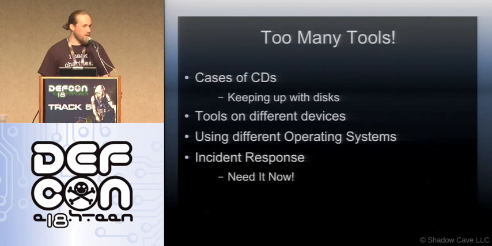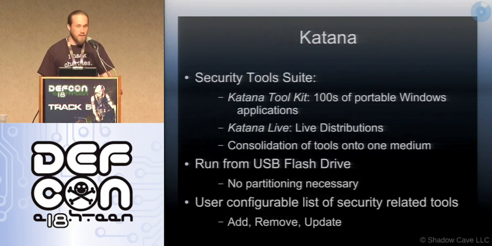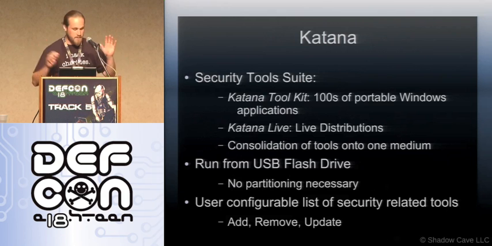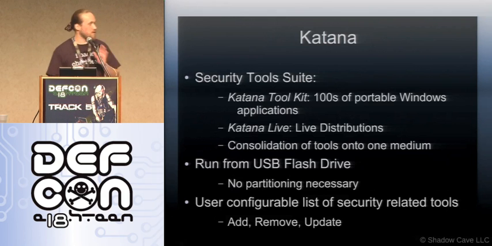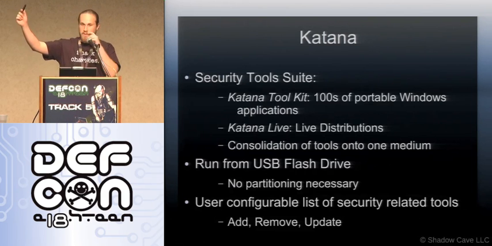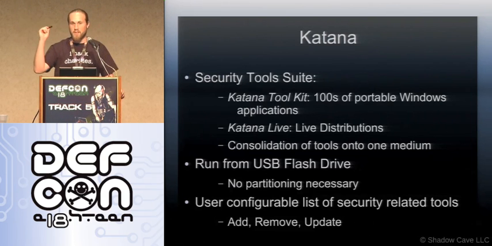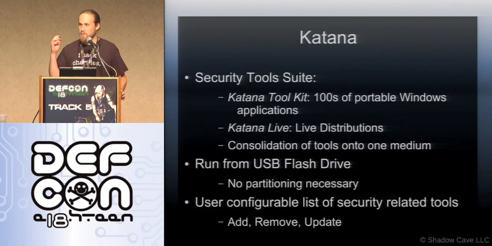So I thought, well, I'd try to put all that stuff together. What Kantana does is it brings a bunch of live distributions, like Backtrack, together with portable applications that will run in Windows from a single USB flash drive. So no longer keeping up with the tomb of software and wondering which computer a certain thing is installed on. You can put it all on a single flash drive and keep it in your pocket.